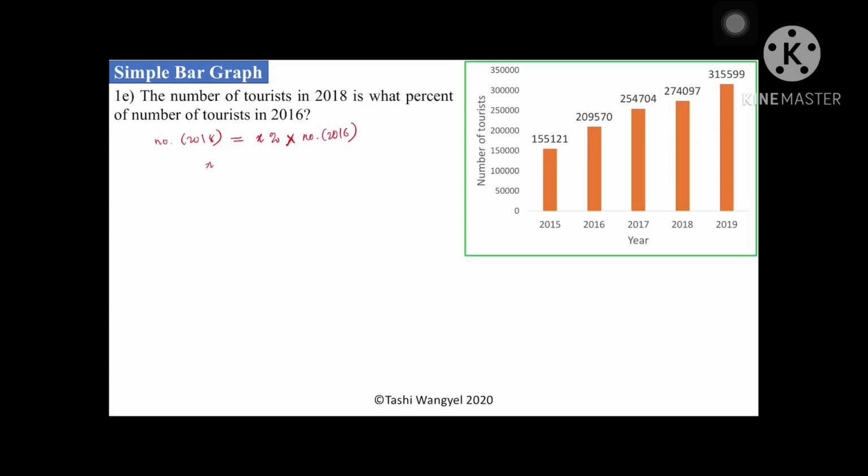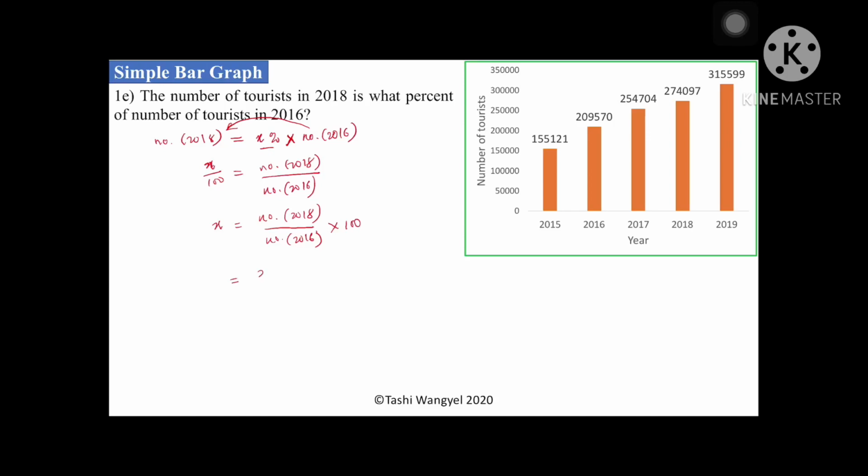So x percent is x by 100, equal to the number in 2018 divided by the number in 2016. To find the value of x, multiply both sides by 100: number in 2018 by number in 2016 into 100.